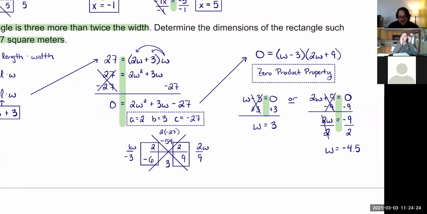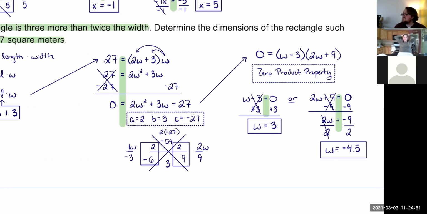But then I need to ask myself, was w just a variable or did it represent something? w represented the width. Which one of these rubs you the wrong way? Negative 4.5. Why does negative 4.5 bother you? Because you can't have a negative width.